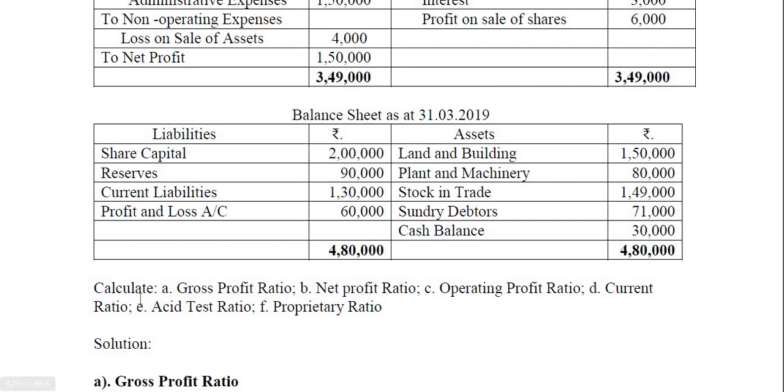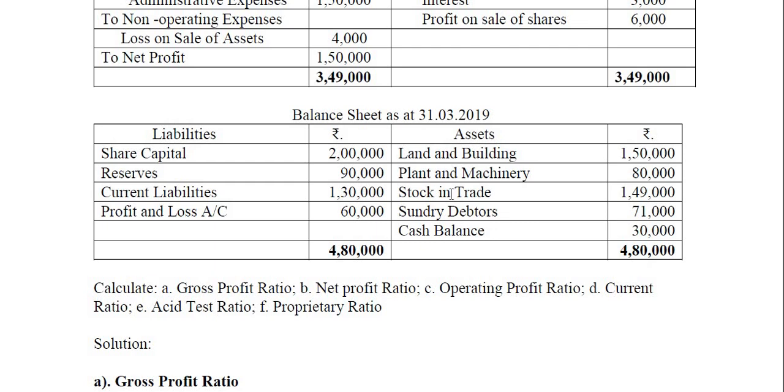Then the asset test ratio. Asset test ratio here means quick assets divided by quick liabilities. Quick assets here include sundry debtors and cash balance. In other words, current assets minus stock in trade and prepaid expenses.